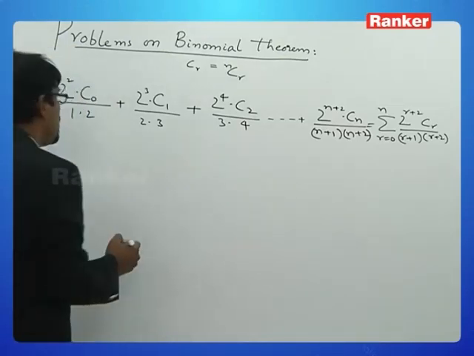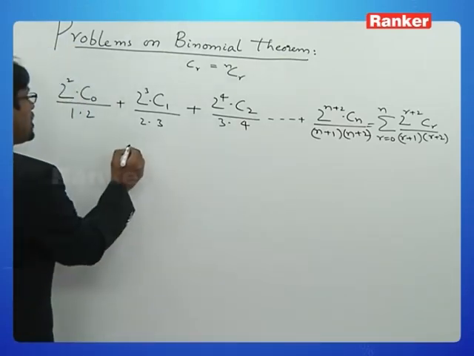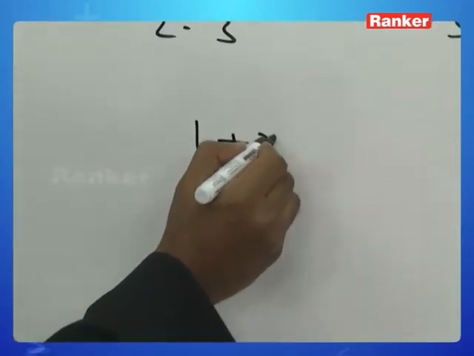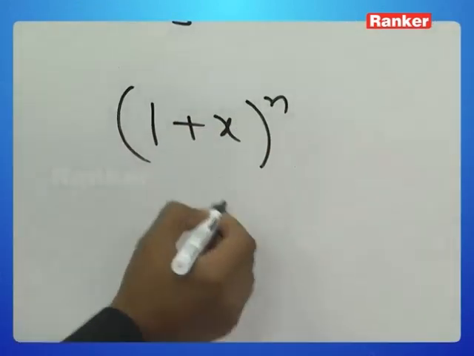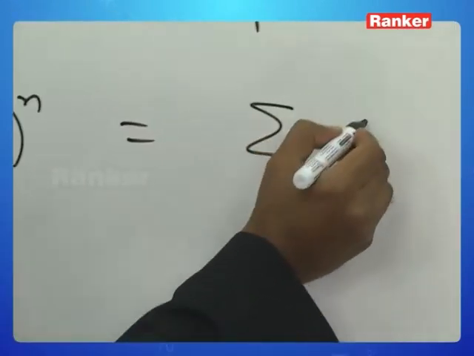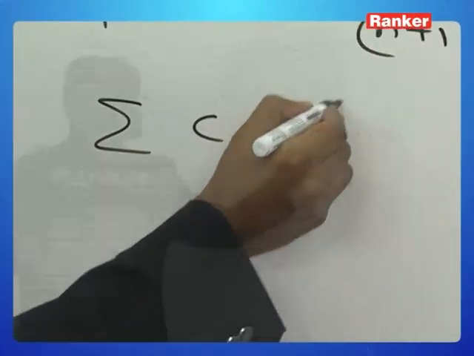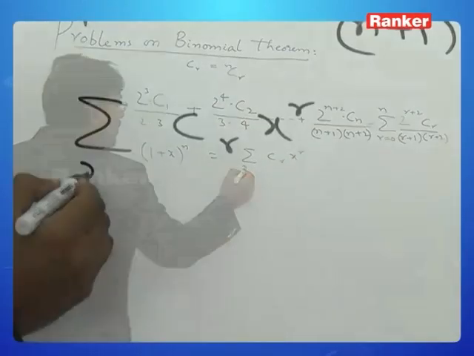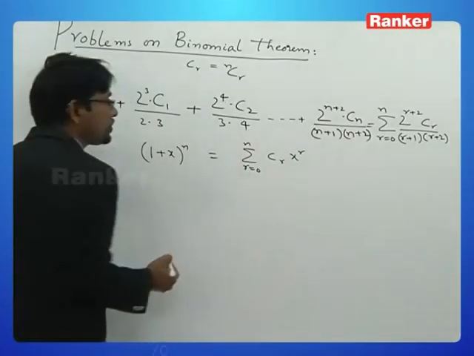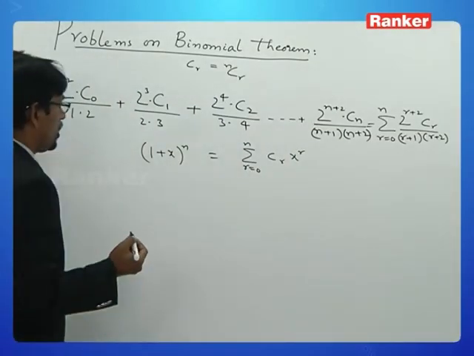Now, let's have a look at this. Consider the expansion 1 plus x power n. What is that? Summation CR x power r, r ranging from 0 to n.